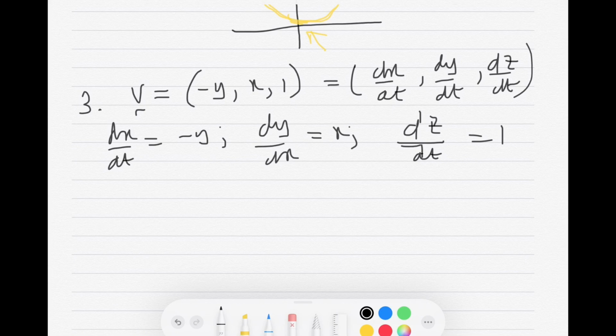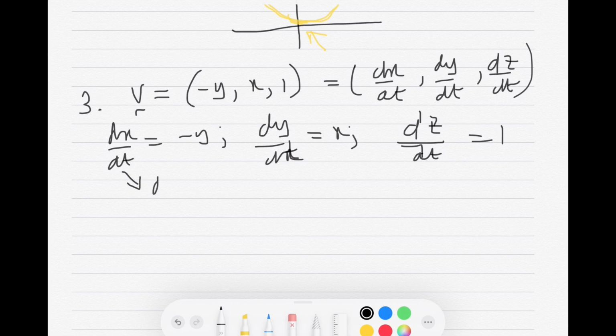Starting with the first equation, the problem with the first and second ones is that each involves 3 variables. The first one, for example, has x, y, and t, so we need to eliminate one of the variables. One way is to differentiate the first equation with respect to t before solving for x in terms of t.